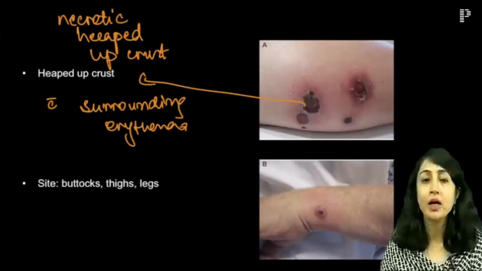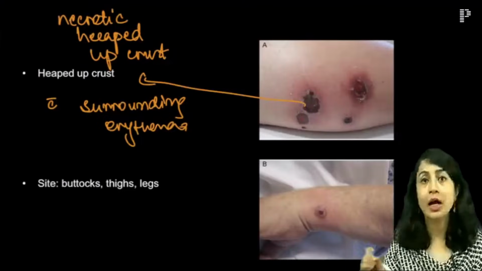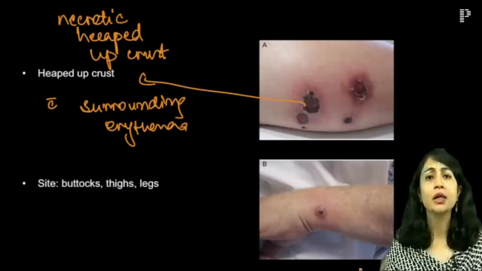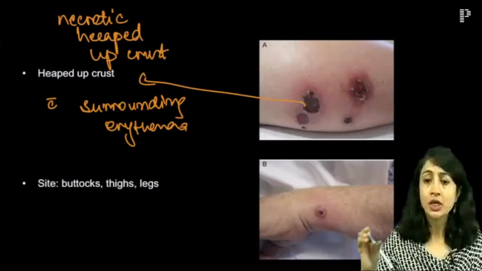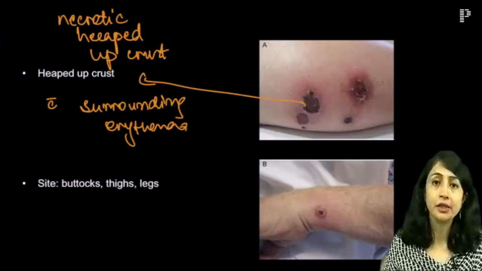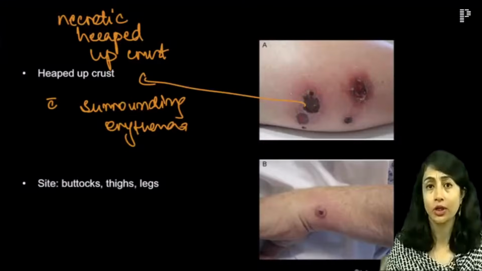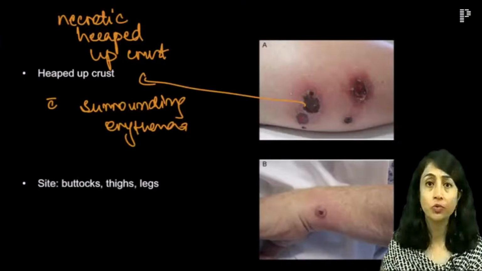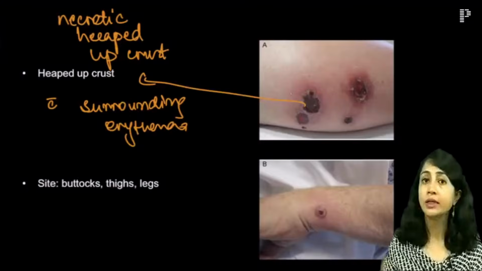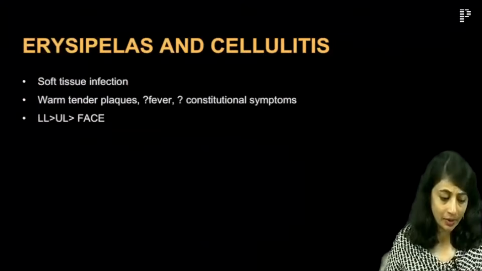There will usually be a single or 2 to 3 lesions. They are localized, they are non-follicular, but they are a little deeper, and that is why you see these necrotic crusts. This is caused by streptococcus more commonly than staphylococcus. Clear? That is what you need to know about ecthyma.